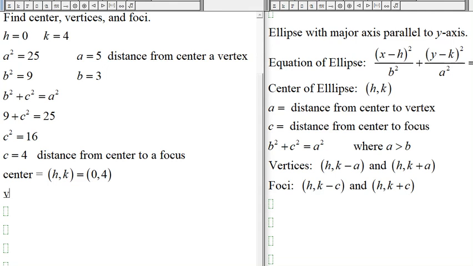And then the vertices would be h, comma, k minus a, and then h, comma, k plus a. And then the second vertex is h.